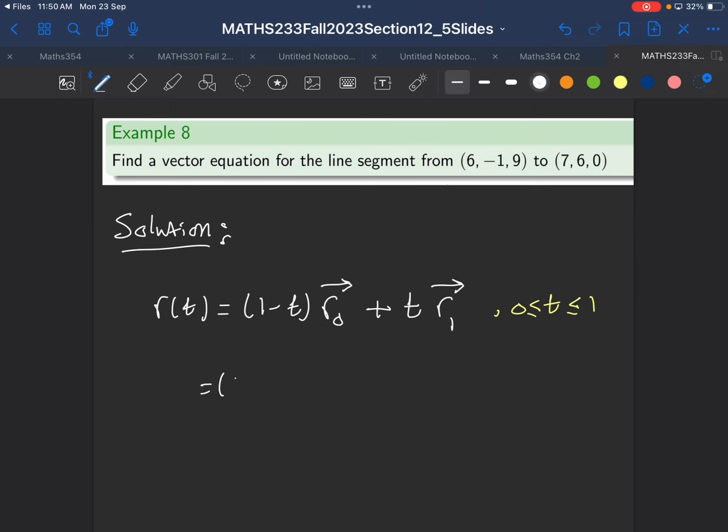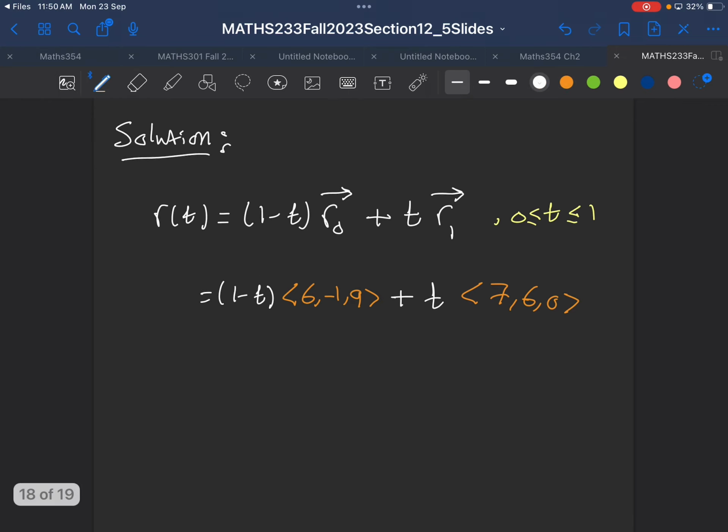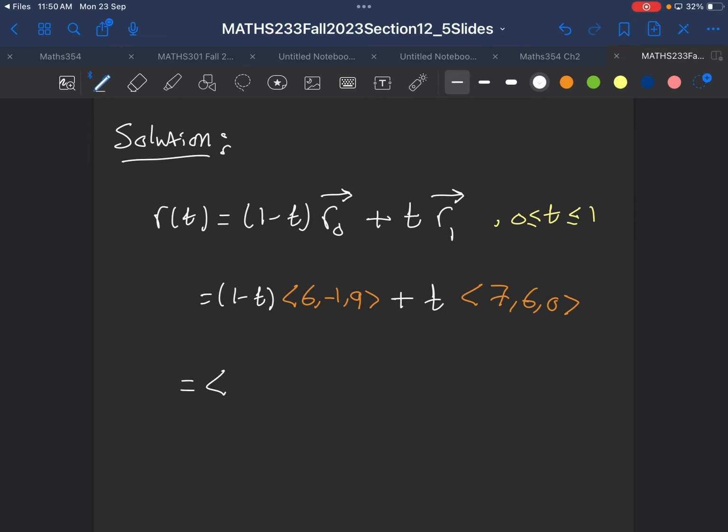Now, all what we need to do is we just need to write the equation here. What is r0? It is the vector representing by this point, plus t times this vector here, which is 7, 6. Now we just have to distribute everything.